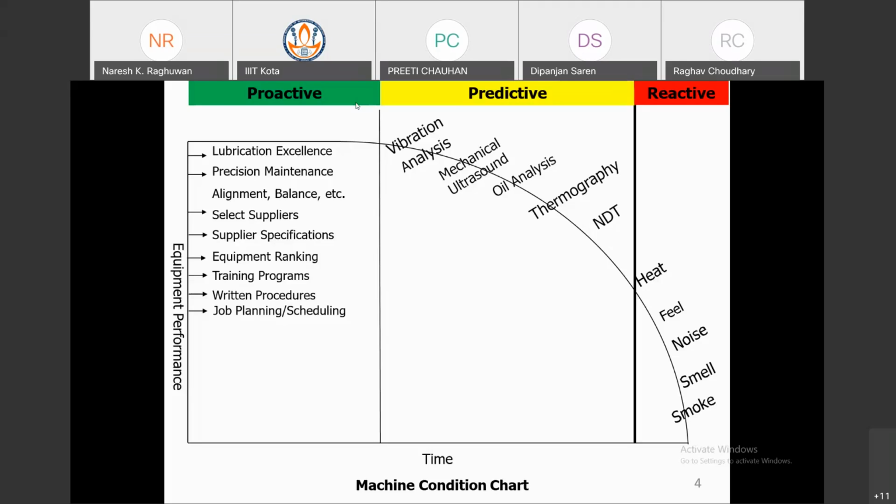Generally, oil is like blood in the machine. If we analyze the oil, we can analyze different faults and different conditions of the machine. So these are some basic condition monitoring techniques for maintaining the machine. The predictive, in the middle, is predictive maintenance.